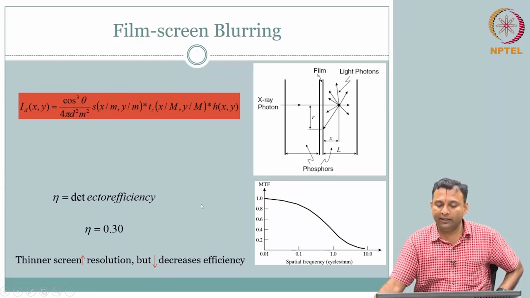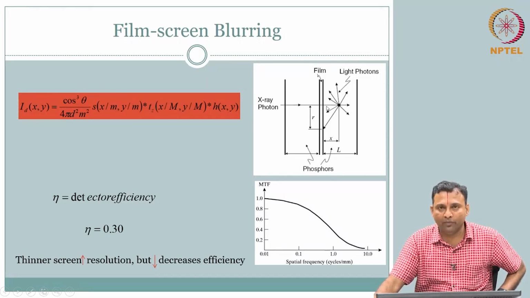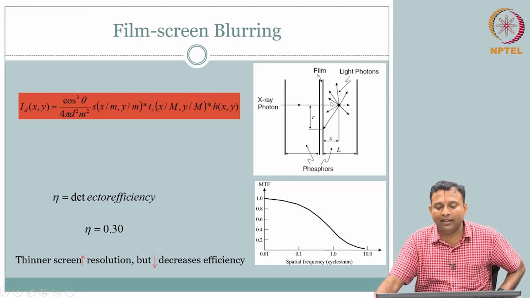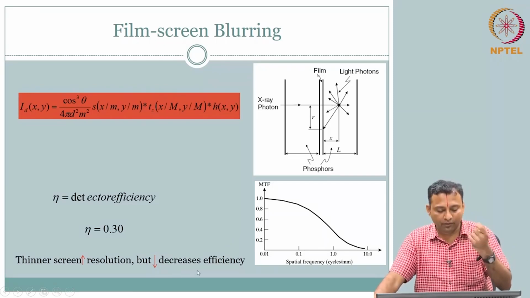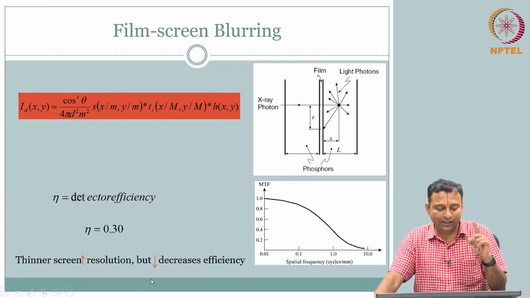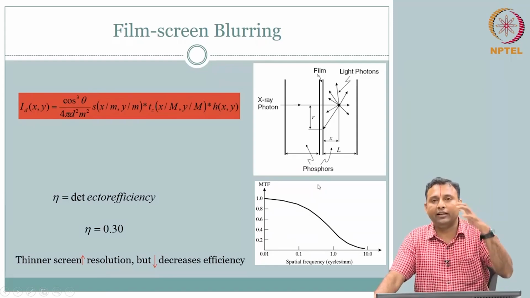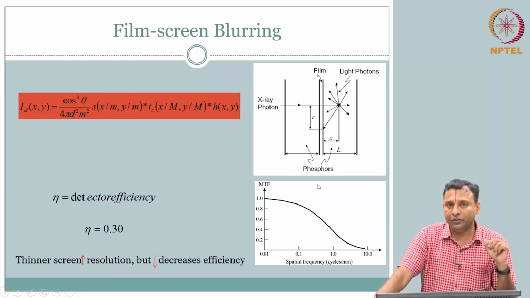If the screen is thin, this point becomes closer to the film. That means it can spread less, so my point spread function will reduce. So if I reduce the thickness, I will increase my resolution, because point spread function is a measure of your resolution.